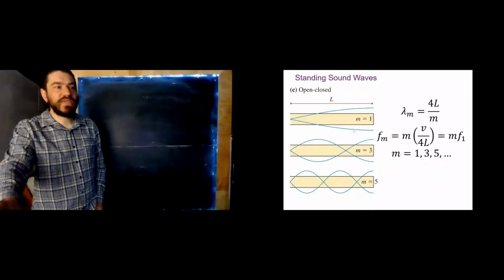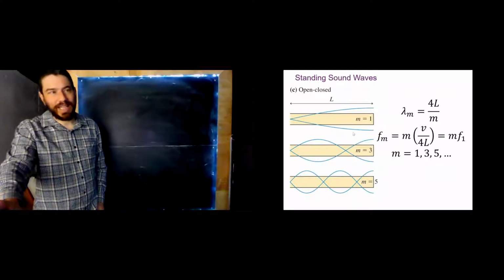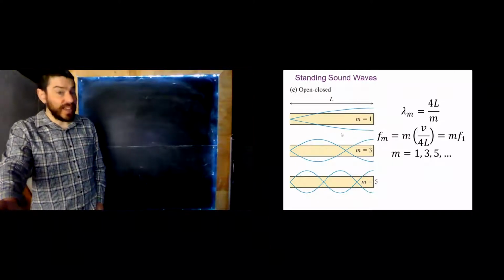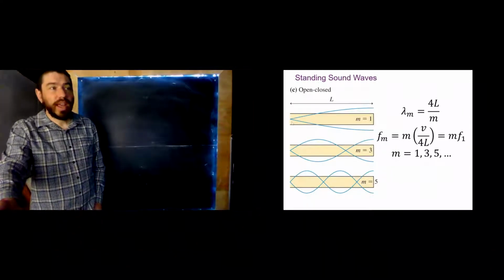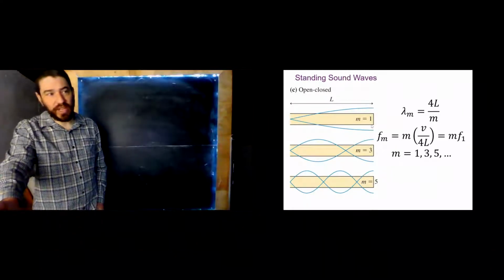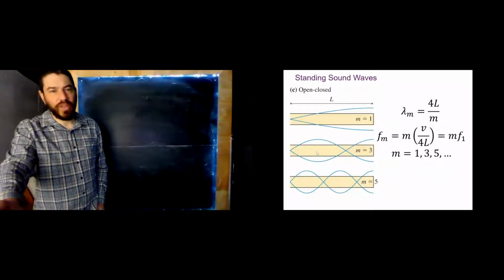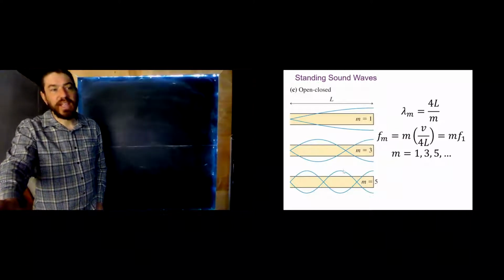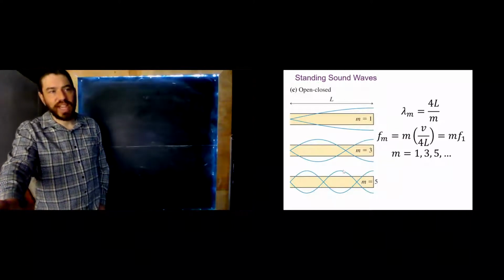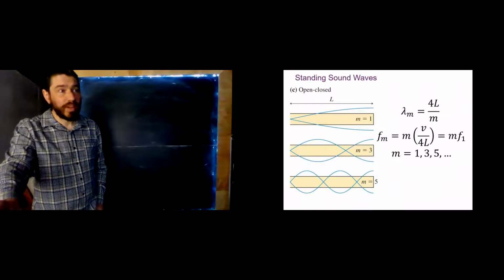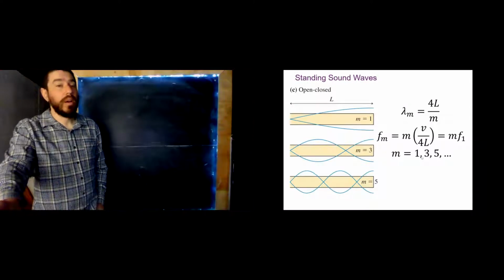However, notice that we're just fitting the longest wavelengths we can in here. Here's the longest wavelength that fits according to our rules: a node at one end and an antinode at the other end. This is the next longest wavelength that fits. And this is the next longest wavelength that fits. And then we just have to remember that for open-closed systems, we only use the odd.